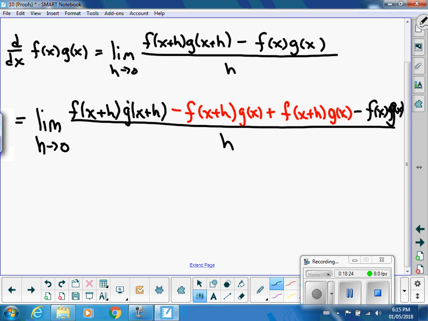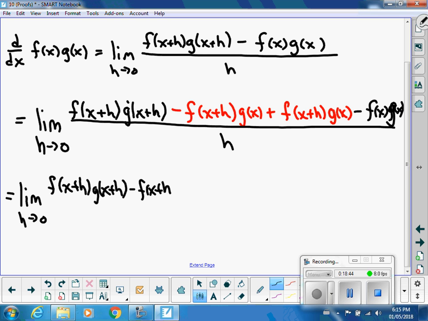Now we're going to make use of our limit laws and split this apart at the middle. So I can call this the limit as h goes to 0 of f of x plus h, g of x plus h, minus f of x plus h, g of x, over h, plus limit as h goes to 0 of the second half.